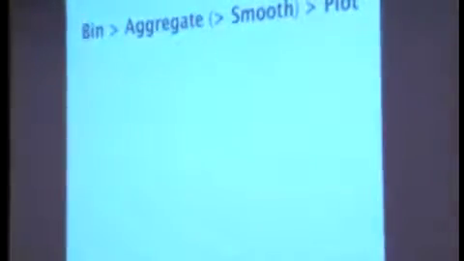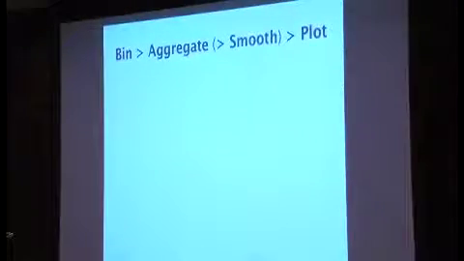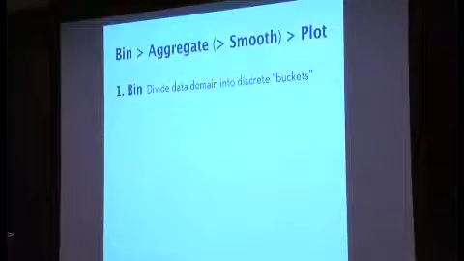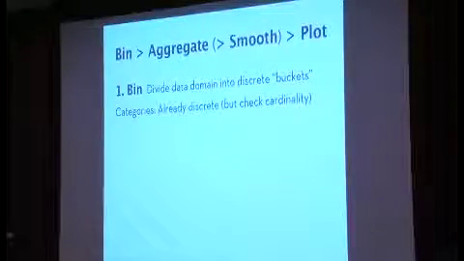So more generally, is there an approach that we can take to apply this across a lot of different sets of visualizations? And in fact, I think this one actually works well. So a 4-stage process here. First, you bin the data. I talked about this earlier, but it's really just dividing the data domain into some buckets. For categories, it's in some sense already discrete.